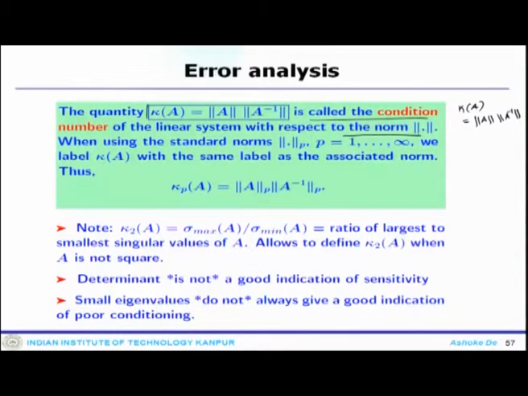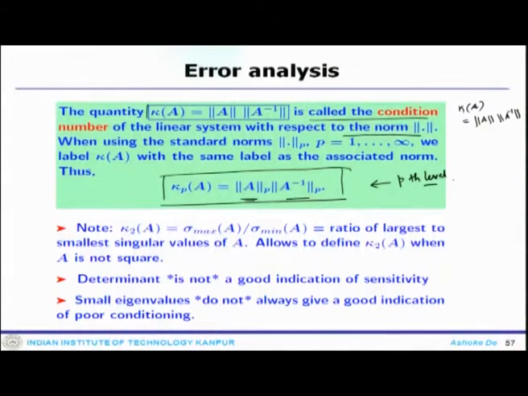When you use the standard p norms, 1, 2, 3 to infinity, the condition number for the pth norm of A can be written as the magnitude of A at the pth norm times A inverse at the pth level. So, p can go from 1 to n.